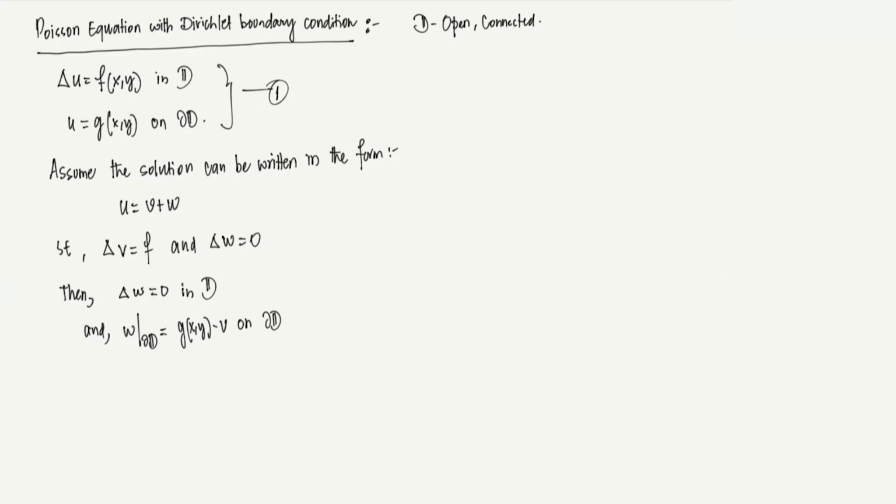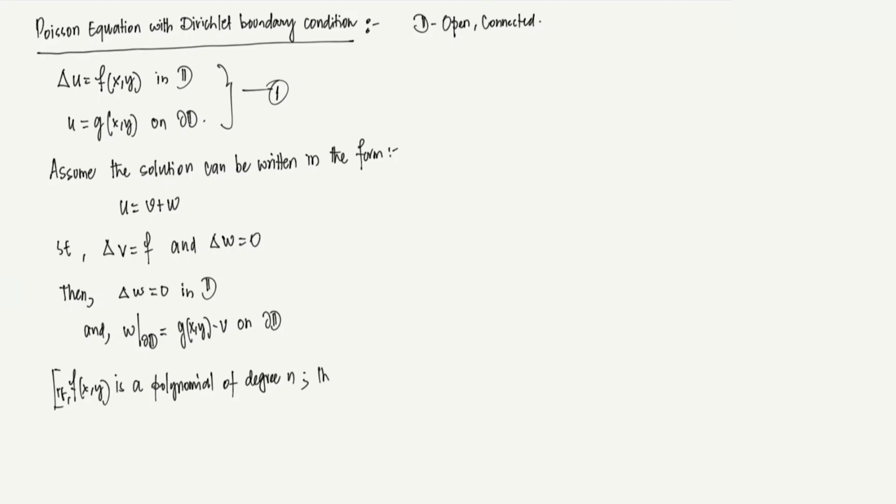So what I'm trying to say is this, that here you can actually use a similar sort of thing. Let me put it this way, if f of x, y is a polynomial in x and y of degree n, we are basically looking for a solution.